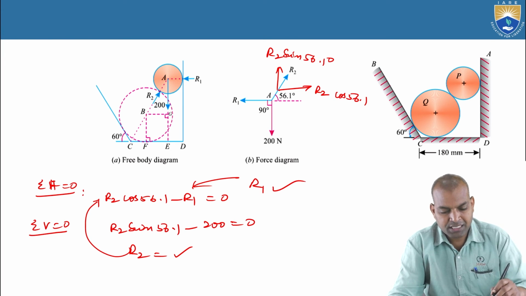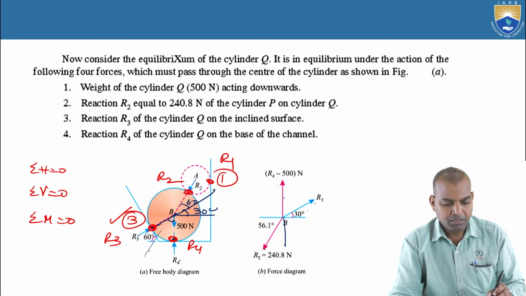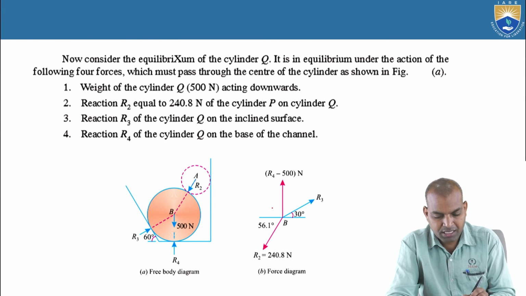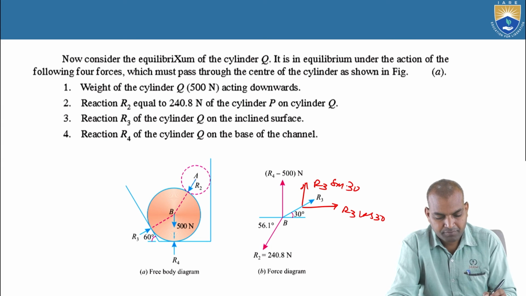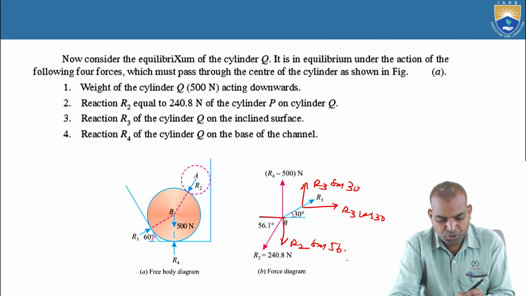Now next one is that, suppose here again we go for the next equation. In this case, yes, equate again. This is R3 cos 30 degrees and here R3 sin 30. And what is one more here? Here R2 sin 56.1 degree. We know the R2 here, 56.1.